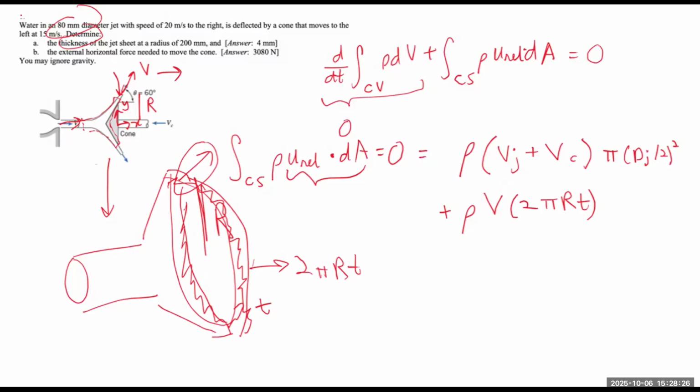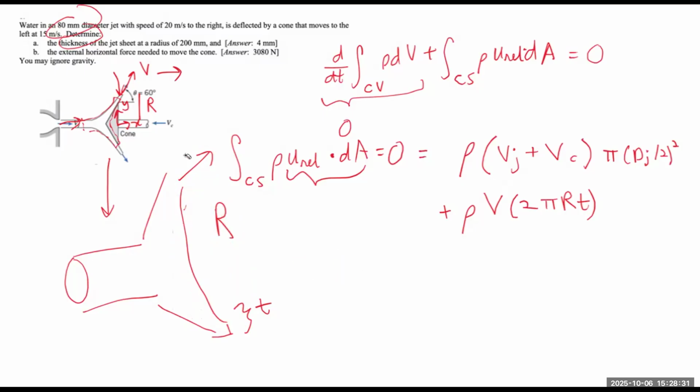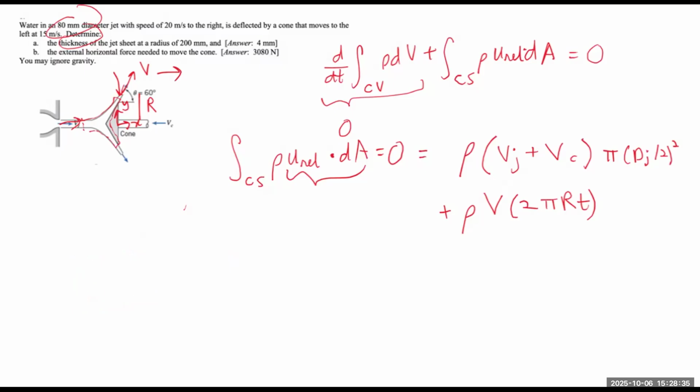And now we are going to simplify this equation a little bit. Oh wait, hold on. I think I forgot to add a negative sign here, but I explained why it was negative.